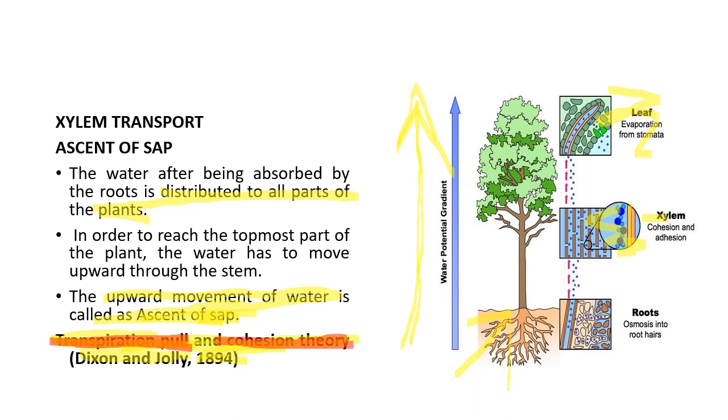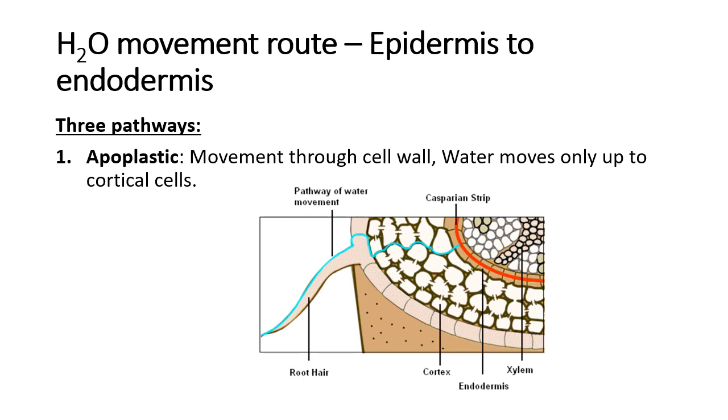So this facilitates this transpiration pull, and the cohesion theory, both contribute to the continuous water column that is being formed inside the xylem vessels.